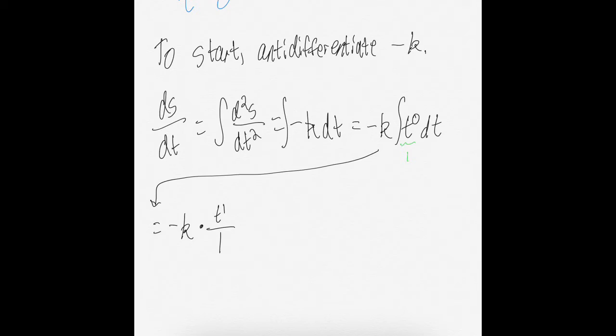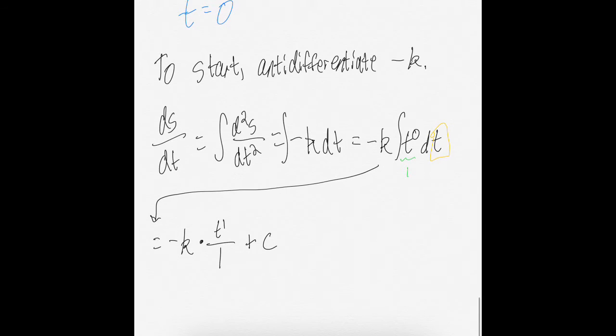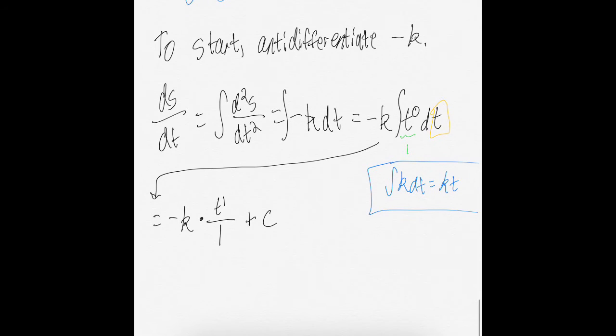But by writing it this way, it allows me to very nicely just use the power rule for antiderivatives. So the power rule says I'm going to raise the exponent by 1, so t to the first, and then I'm going to divide by my new exponent, so over 1, plus c. The reason that I'm using t here instead of x is that my variable in question is t. Whatever your variable is, that's how it's going to work.